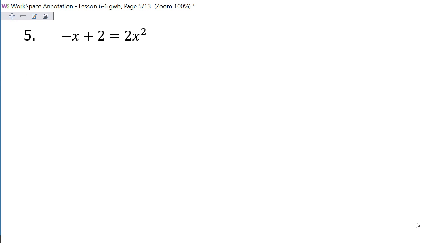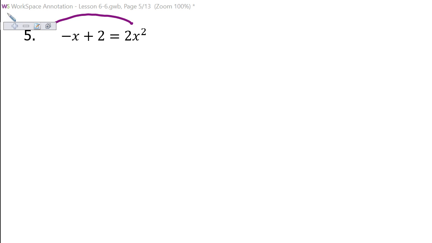Okay, number 5, we have -x plus 2 equals 2x squared. Is this in standard form? Does it equal 0? No, so what has to move? The 2x squared. What happens to 2x squared when we move it to the other side?